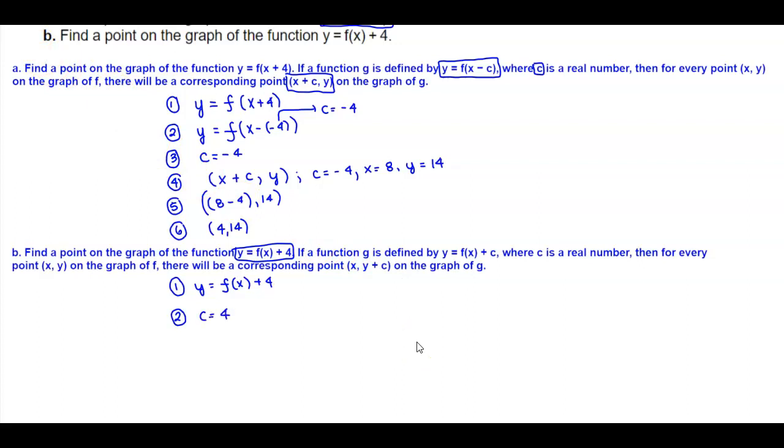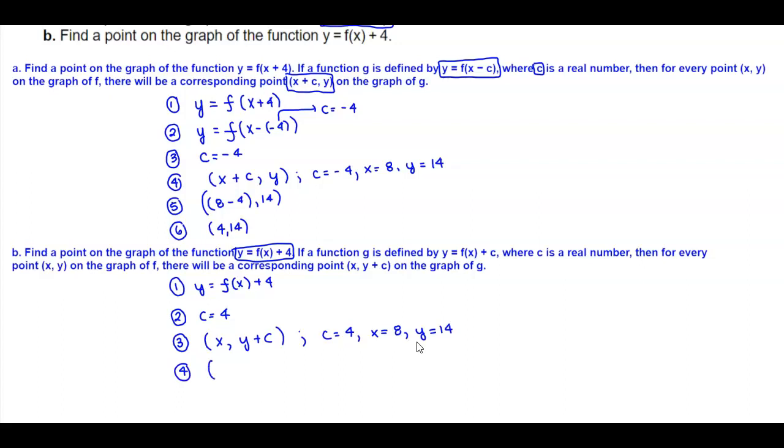So we want to find the ordered pair where it is x and then y plus c. Now we know that c is equal to positive 4, and our ordered pair has x equals 8 and y equals 14. So let's solve this.